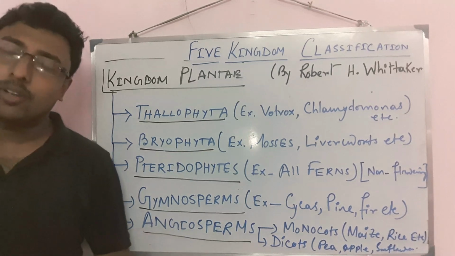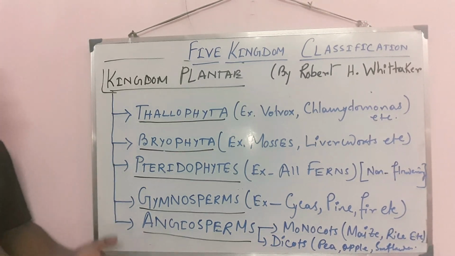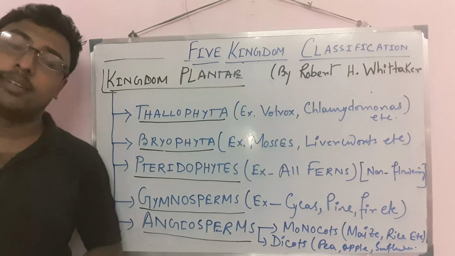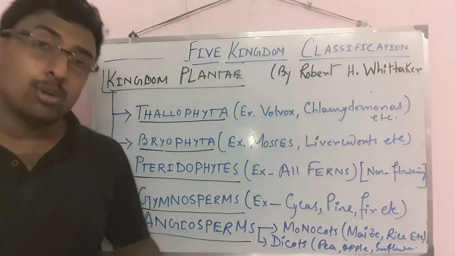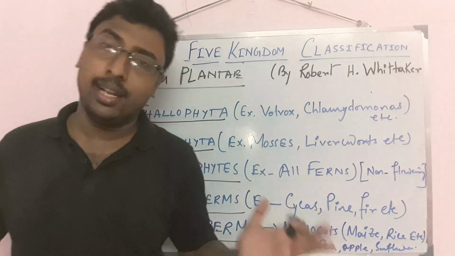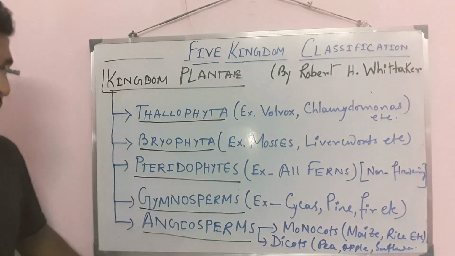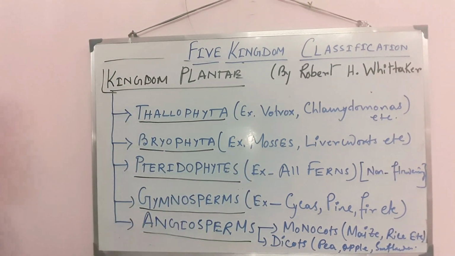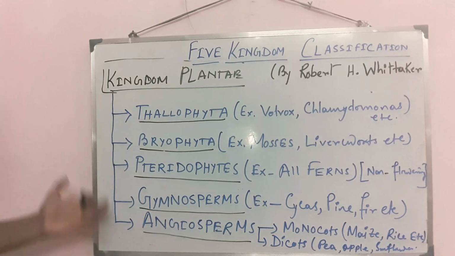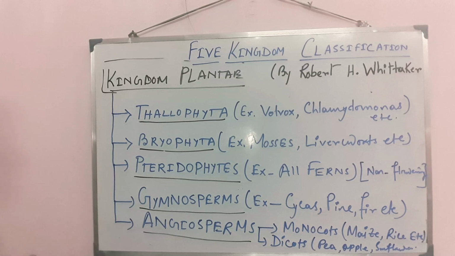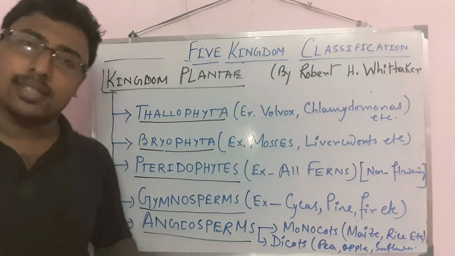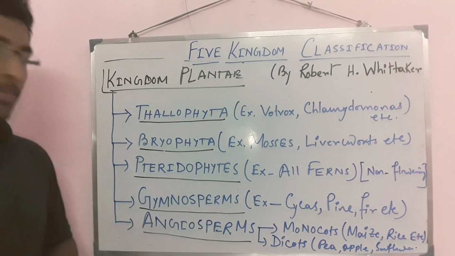Next one is angiosperms. All of us observe plants, and you know root, stem and leaves are well developed. Well developed root, stem and leaves are present in angiosperms, just like mango tree, rice, maize, pea plant, apple, sunflower. These are the examples. There are many examples; I have given a few examples of angiosperms.